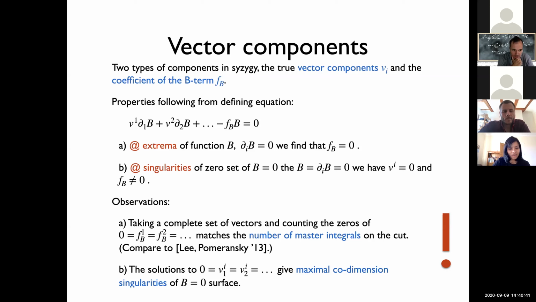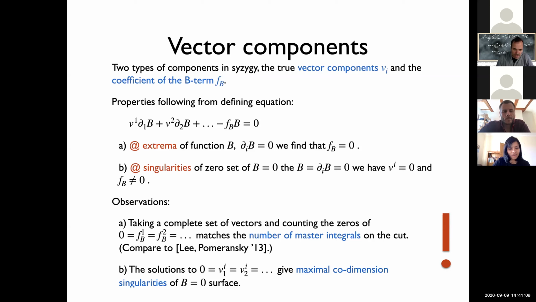Then you have a second place which is interesting: the singularities of the Baikov. The Baikov itself vanishes, and the derivative of the Baikov vanishes. Because the derivative vanishes, the Baikov itself vanishes quadratically. If you again put this into that equation, one finds the V's have to vanish at the singularities, but the F times B typically does not vanish at the singularities.